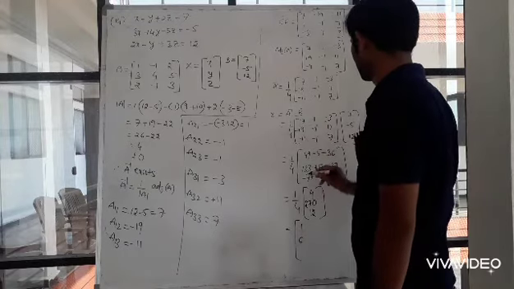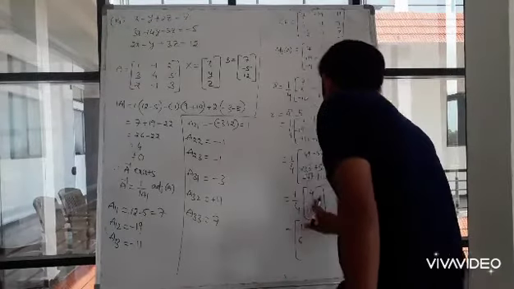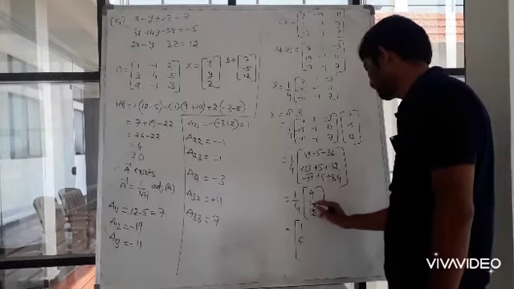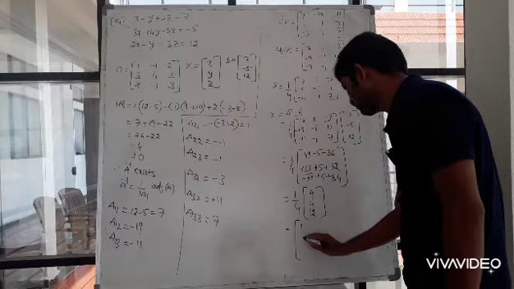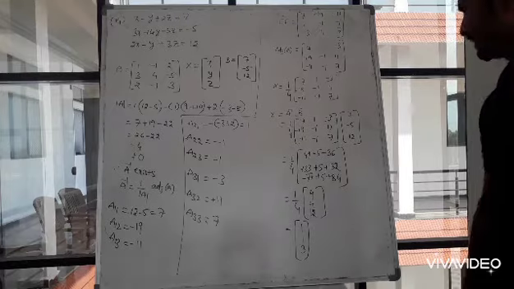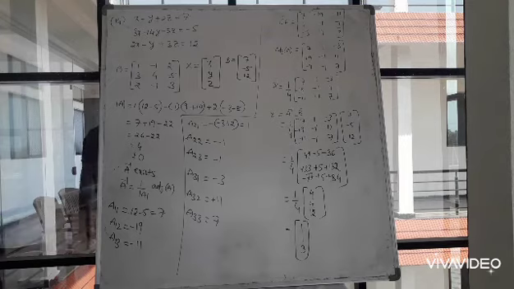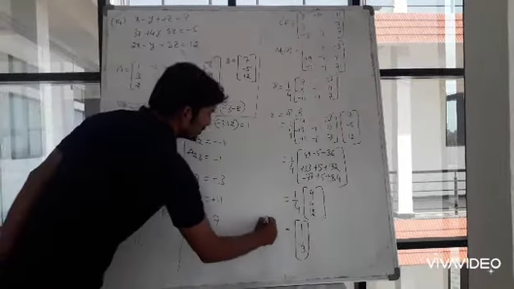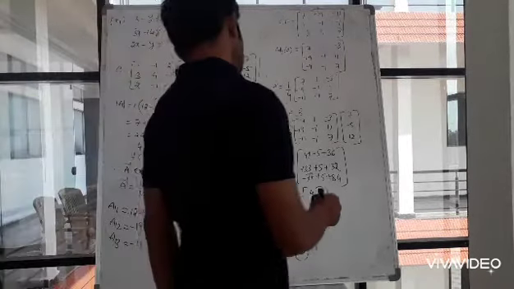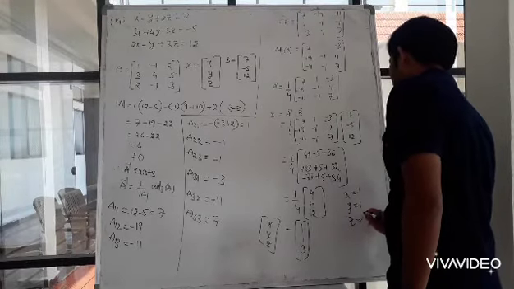So it is not 270 here. Instead of 270 here we get 4 again. So it is 1, here it is 3. Don't take minus 19 as positive. So x, y, z will be there. Therefore, by equality, x is equal to 1, y is equal to 1, z is equal to 3.